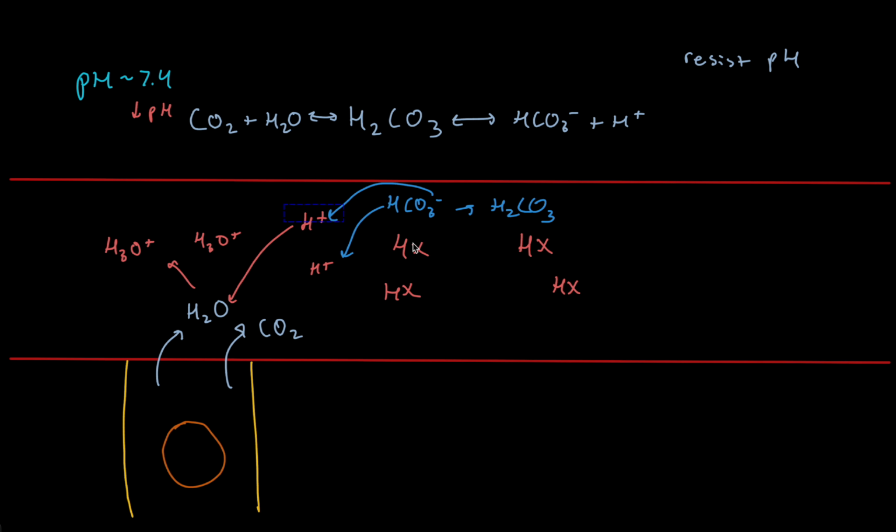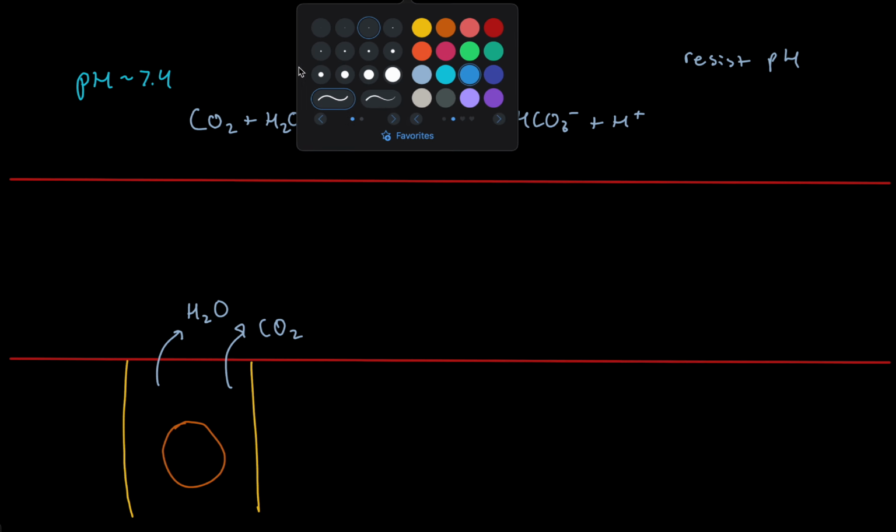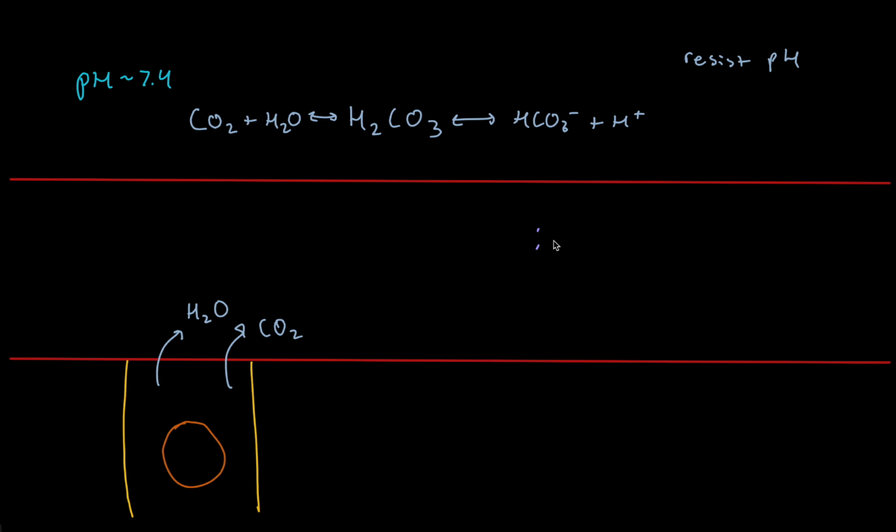Now, what if we have some base in our bloodstream? Let's say we have some bases over here. A base has a tendency to take hydrogens away from water, given that water is present. By taking these hydrogens from water, we produce hydroxide, and by producing hydroxide, we have increased our pH.